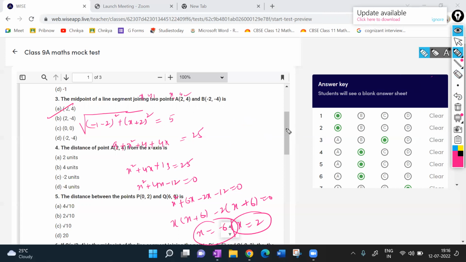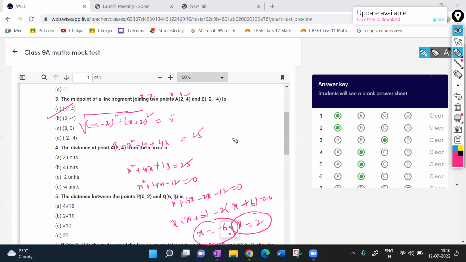Sir, then how became 4x, sir? Here x plus 2 only, no, sir. Here 4x you have a square plus b square plus 2ab. I'm applying the a plus b whole square formula. That is how it became like that.